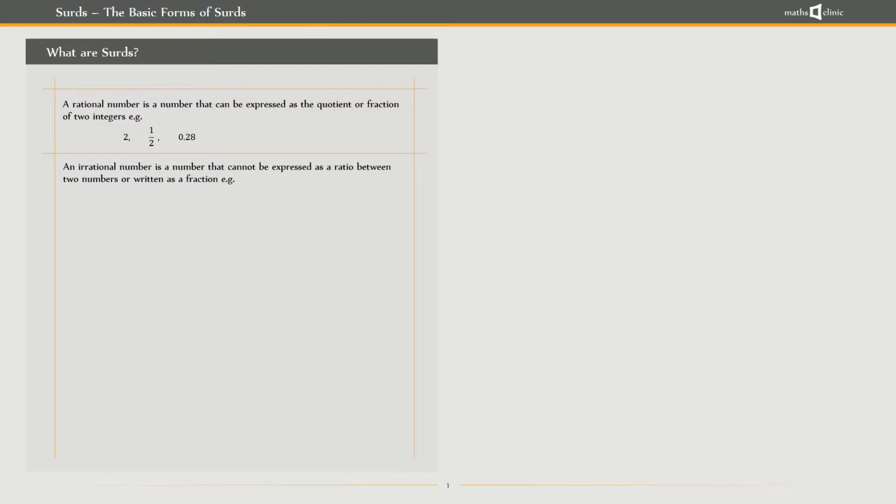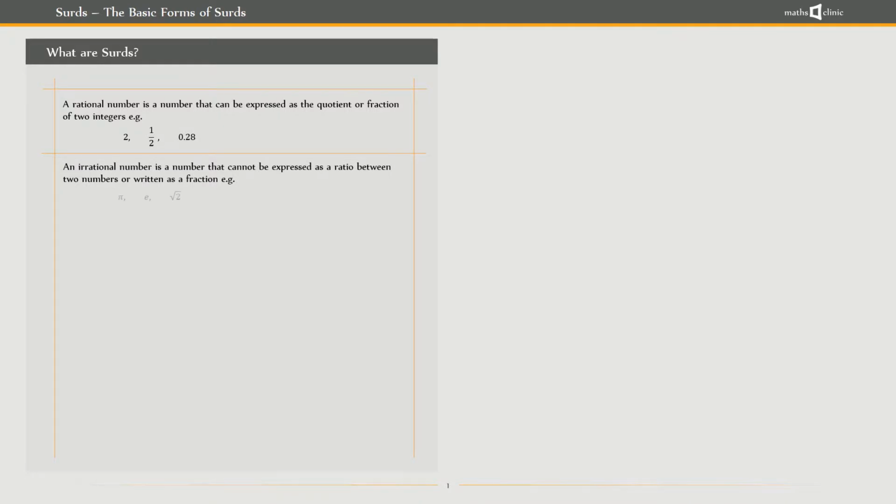I'll give you a good example. And a good example is pi. Now pi is 3.142 something something something. It's actually infinite. Okay, it doesn't stop. All right, and 22 over 7 isn't exactly pi, it's just an approximation. All right, we really can't express pi as a fraction in its actual sense.